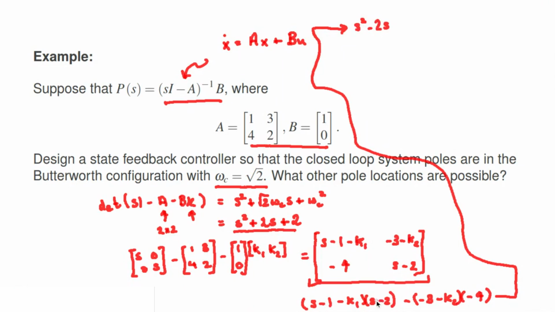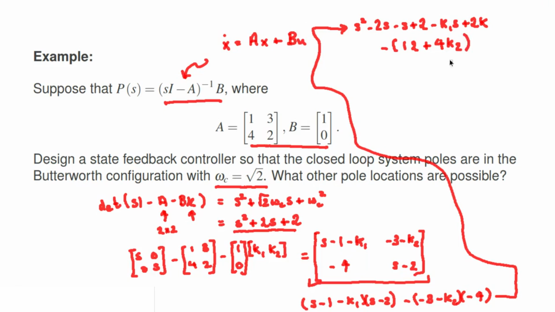And then we've got minus 1 times s, so minus s plus 2, and then minus K1 s plus 2K1. So that's the leftmost term, and from this we subtract the expansion of the right-hand term. And what's this? This is simply minus 3 times minus 4, so that's 12, and then to that we add 4K2.